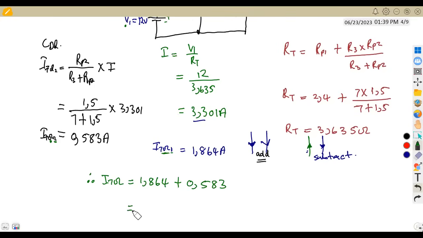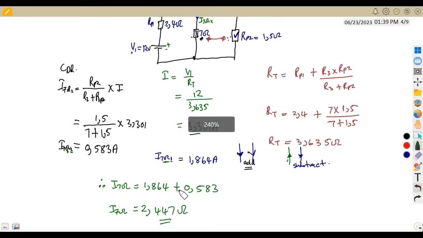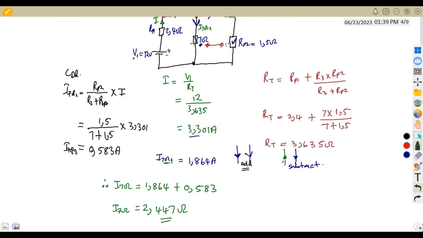So that is why we have to add these. So that means the current across the 7 ohm resistor is going to be given as 2,447.